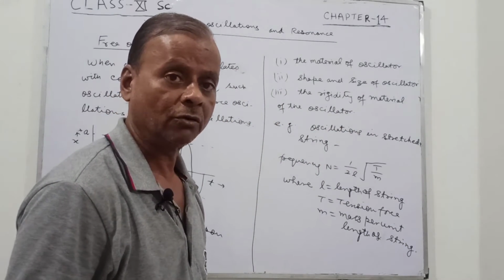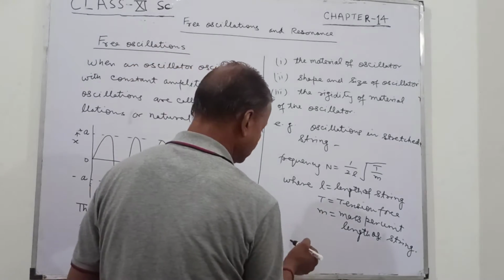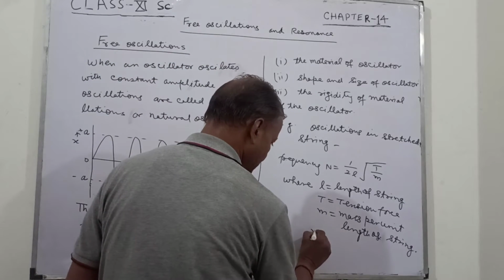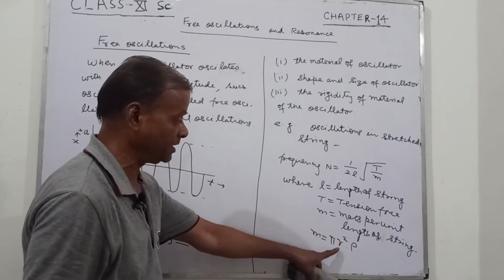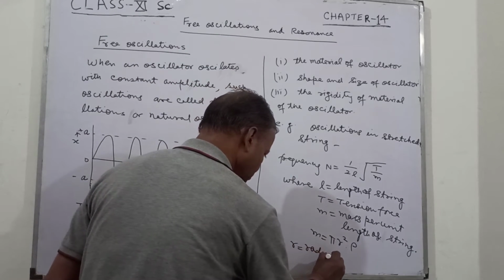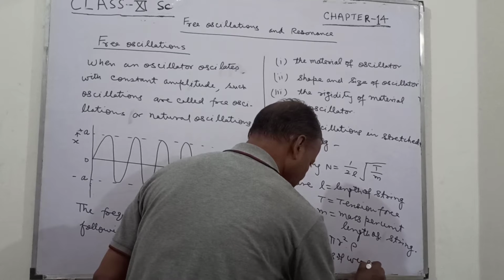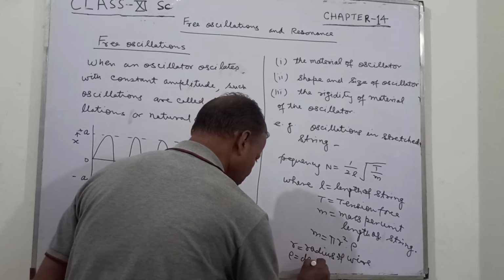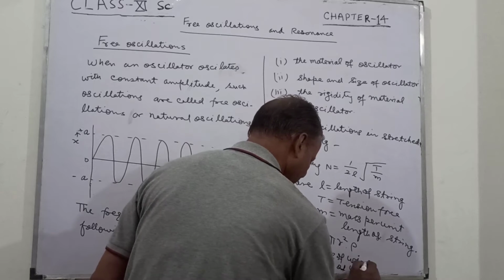Similarly, your organ pipes. So this m is equal to pi r square into rho, where r is the radius of the wire and rho the density of the wire.